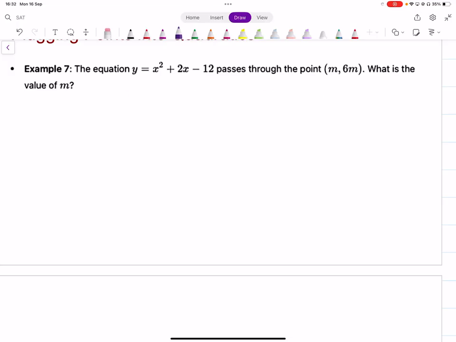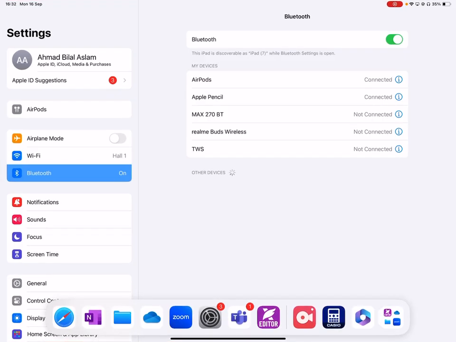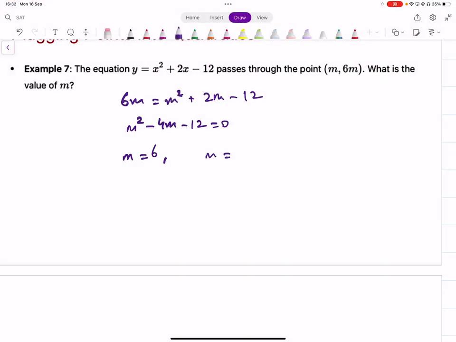If we put that here, we get 6m equal to m squared plus 2m minus 12. Solve this equation and you get the result. M squared minus 4m minus 12 equal to 0. You can see what the solutions turn out to be. Put this on a calculator. 6 and minus 2.